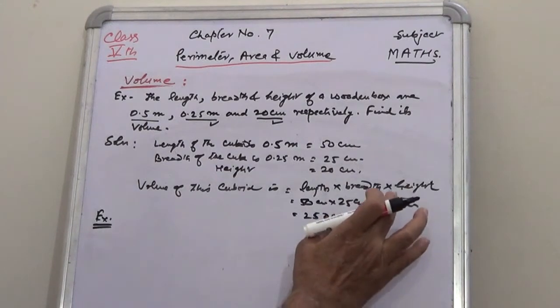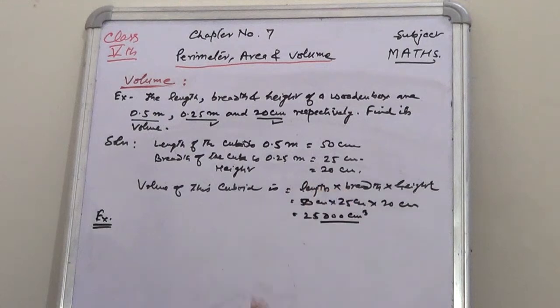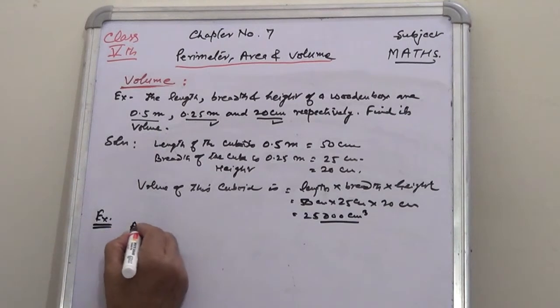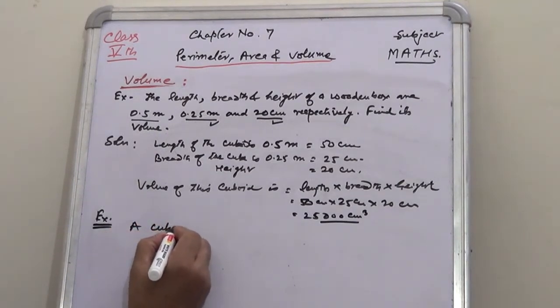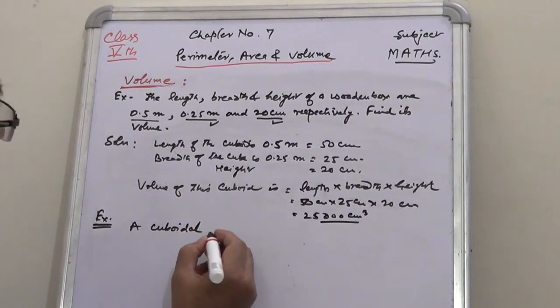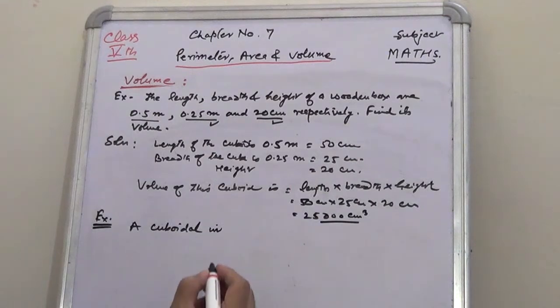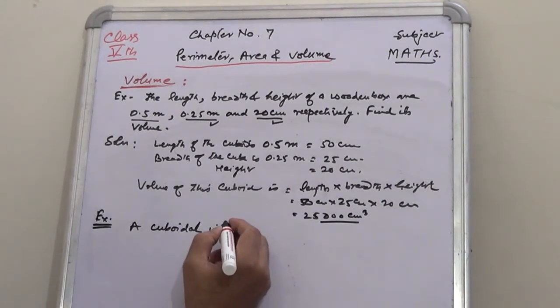The difference is that one more parameter is required in volume along with length and breadth. Now we take another problem to understand more clearly. This problem is generally asked in the examination.